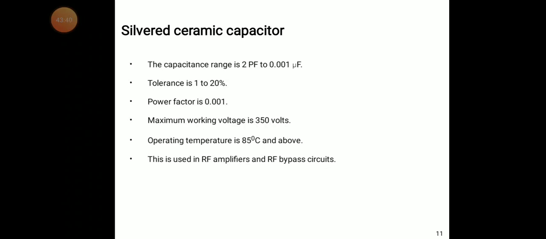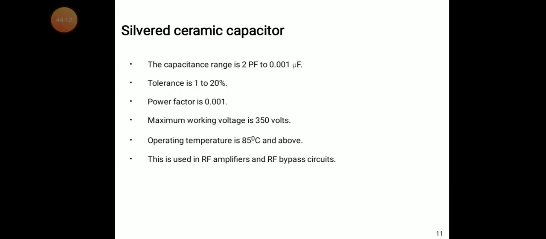The maximum working voltage is somewhat less compared to the other types of ceramic capacitor, that is 350 volts. The operating temperature is 85 degrees centigrade and above, as we already know. These silvered ceramic capacitors are used in radio frequency amplifiers and radio frequency bypass circuits.